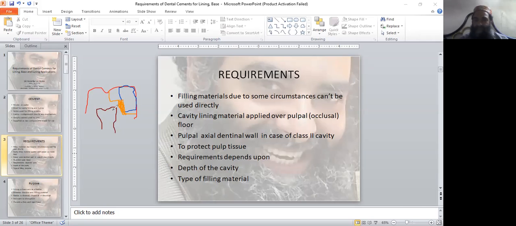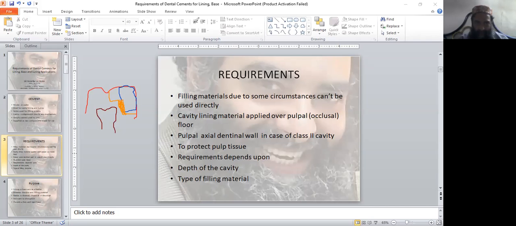One is, you can say, occlusal, and this is axial or pulpal axial. All other things are the walls. These two walls are away from your pulp tissue. So these are not the pulpal walls. Clear?